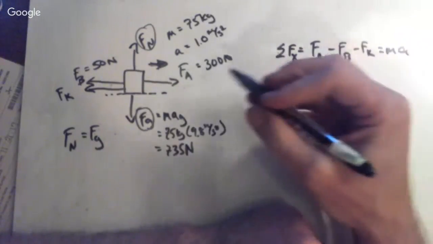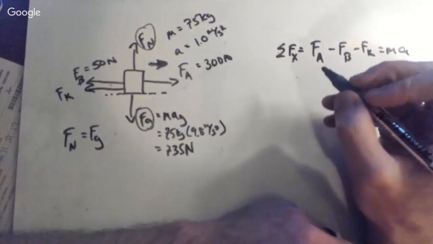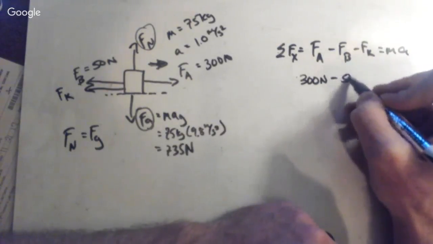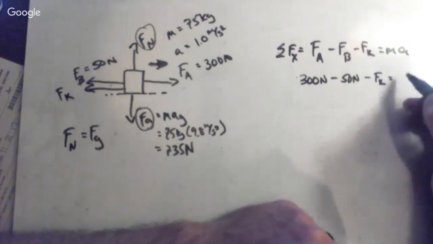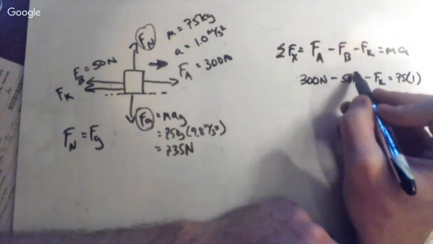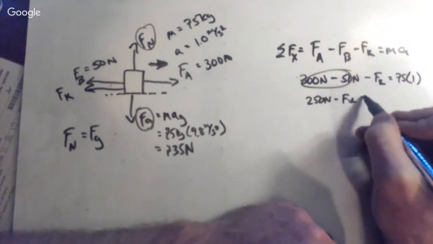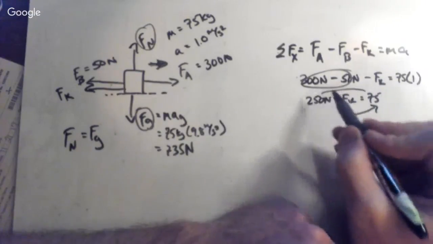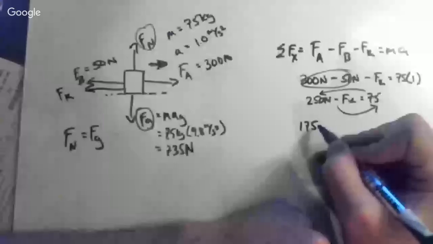We already know our force applied and our force B, so 300 newtons minus 50 newtons minus whatever Fk turns out to be equals 75 times 1. Combine like terms: 250 newtons minus Fk equals 75. Now if we move Fk over and move 75 this way, we have 175 newtons equals Fk.